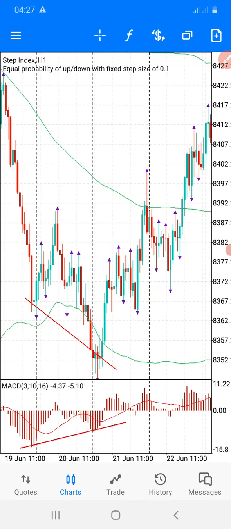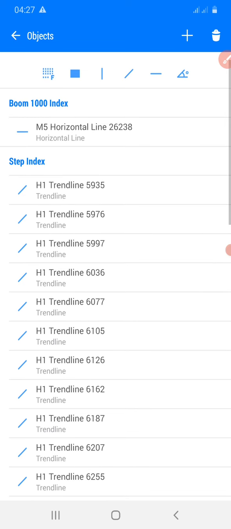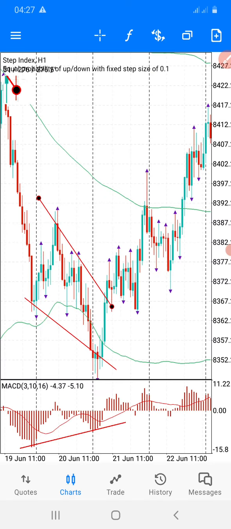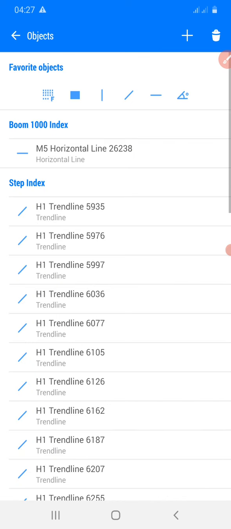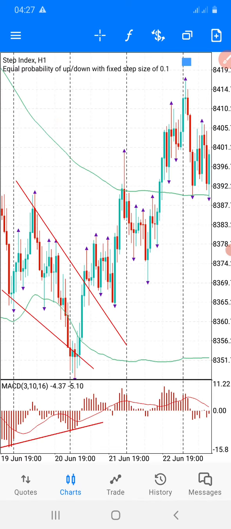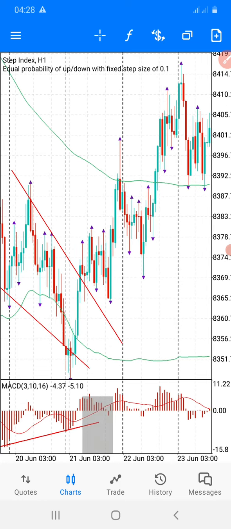Here is another one again. You can see this break of a trend line. This strategy is perfect. All you need to do is wait, identify your divergence, and then wait for it to play out.